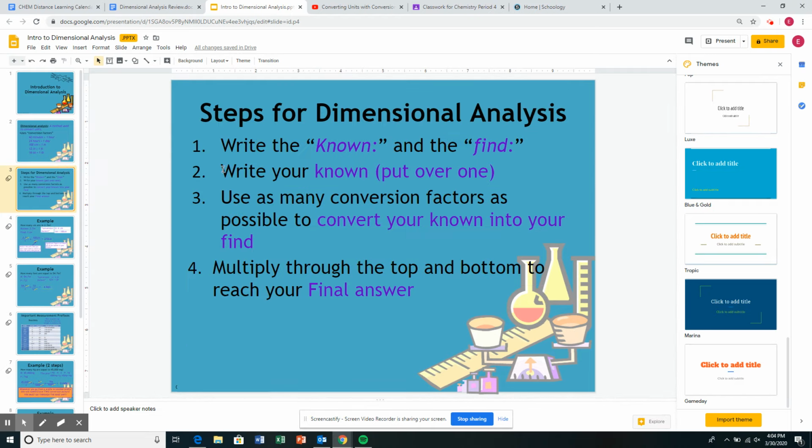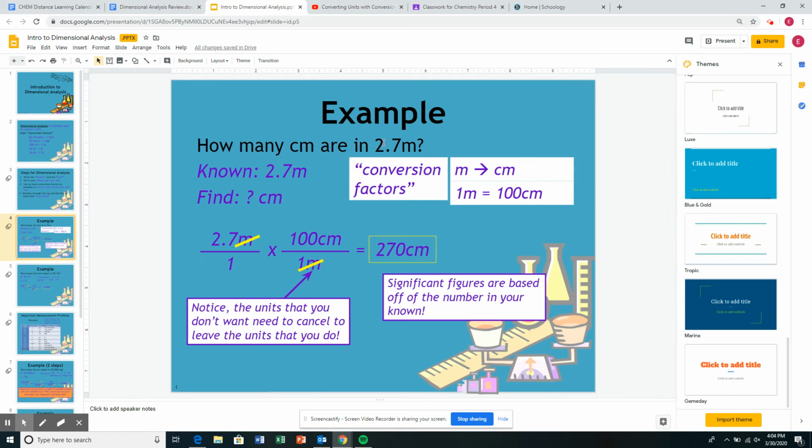So like we said, we have our known, we have what we want to find, we know our conversion factors. We're going back to step 2. Write your known, put that over 1. We know 2.7 meters. We're going to put that over 1, like in a fraction, so we've got 2.7 over 1. We are going to multiply this by our conversion factor. Now, what we want to do is be sure that in our conversion factor, our units are able to cancel, right?